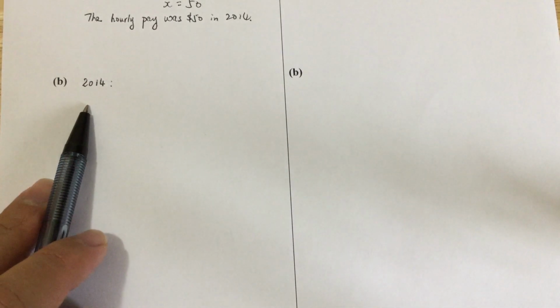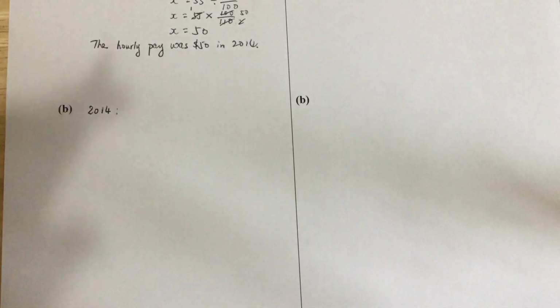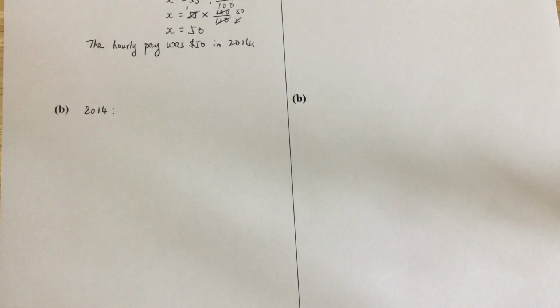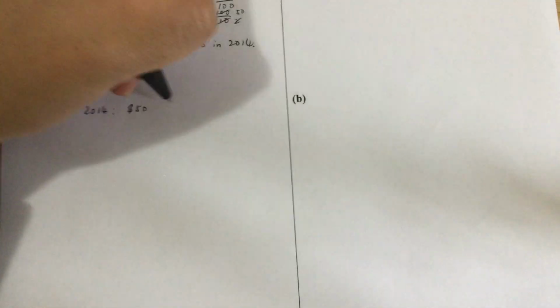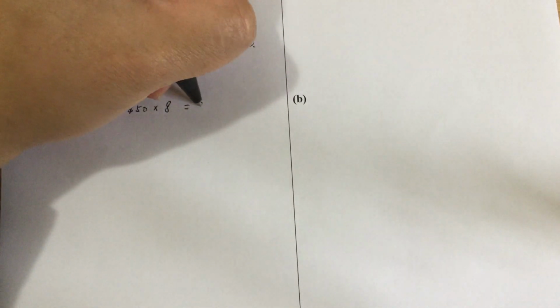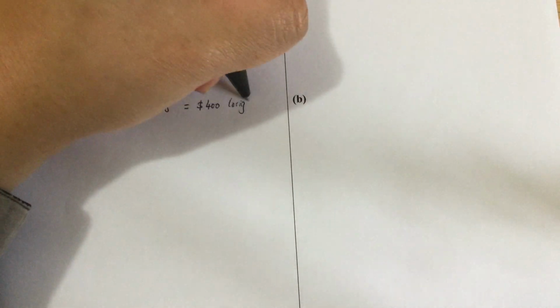For 2014, you can look at the question once again. You will have 8 hours for each worker, and then the hourly pay is $50. So we have $50 times 8 hours that he can do. So it's $400, and this is the original value.